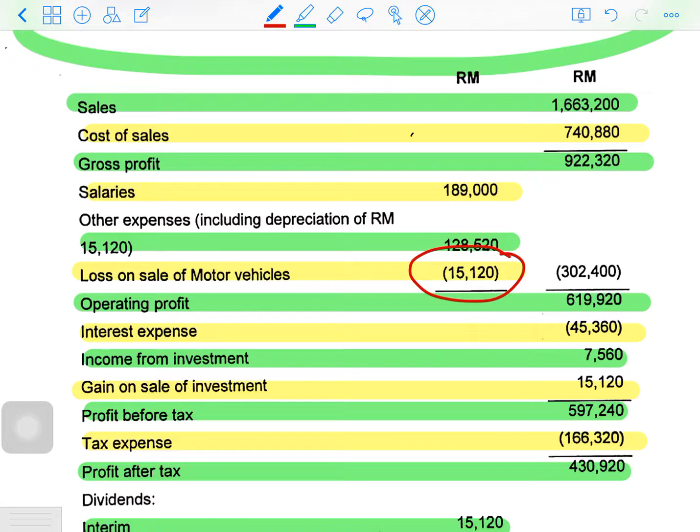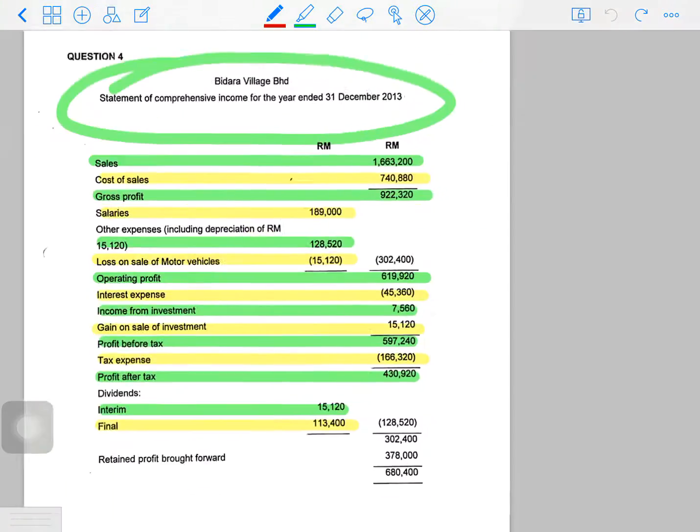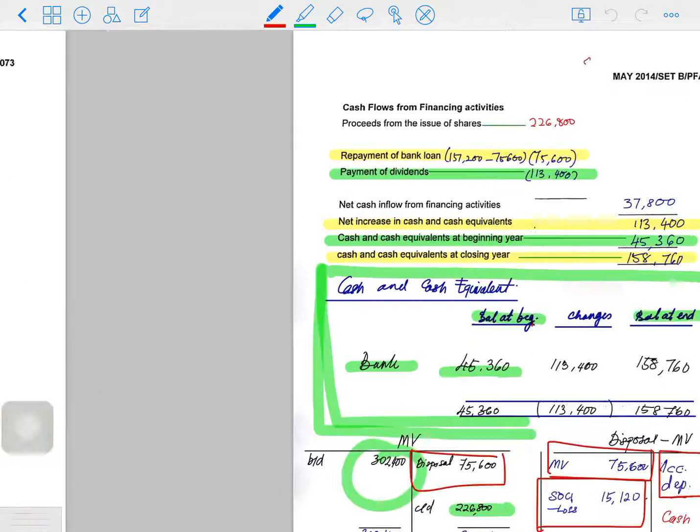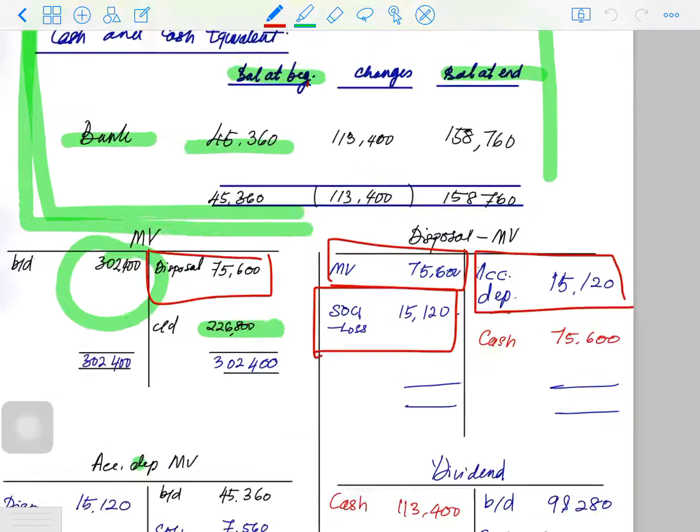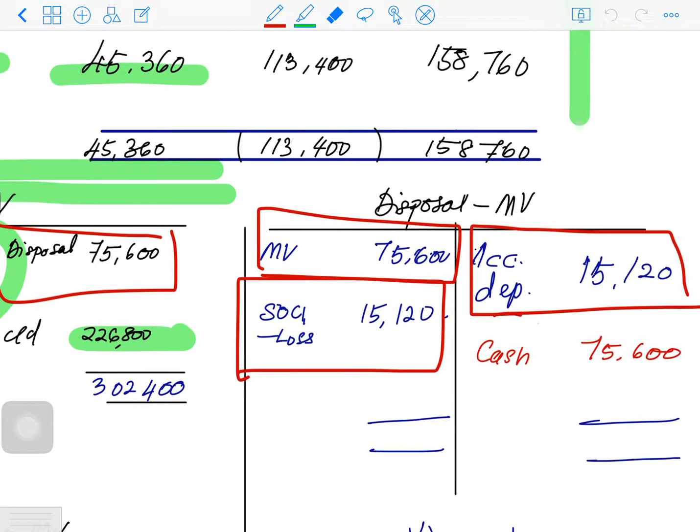That means debit P&L and credit disposal. So in your disposal account you will have a debit figure of 15,120.